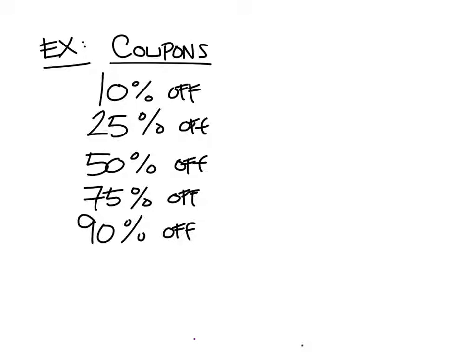Okay, so this is at some kind of grocery store. Maybe it's off an item or off of your total purchase. Doesn't matter. But they're giving these coupons away as people walk in the doors. They're just pulling one from a stack and then handing it to a customer. So it's random. And it's equally likely that you'll get one of these as it is the others.